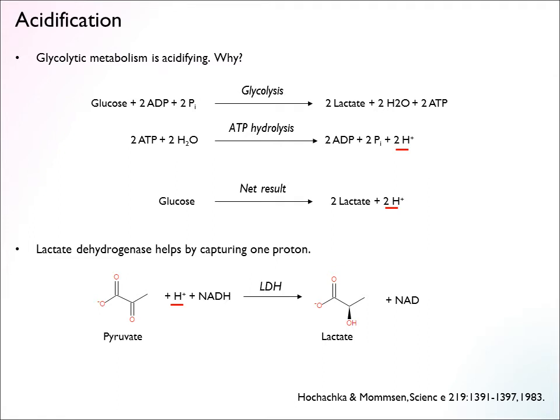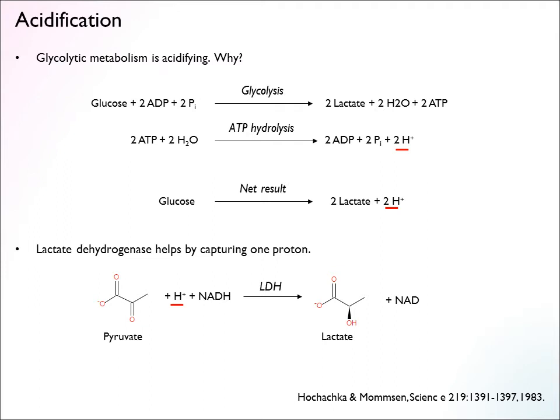In this setting, when you're doing anaerobic metabolism, not only is it required to regenerate the NAD that you have to have if you're going to run glycolysis in anaerobic mode, but it also actually captures one proton in this process. So lactate dehydrogenase is a critical enzyme in anaerobic metabolism because of this.